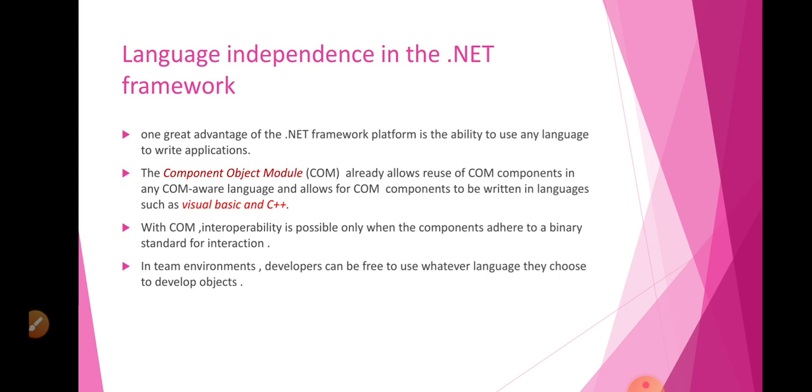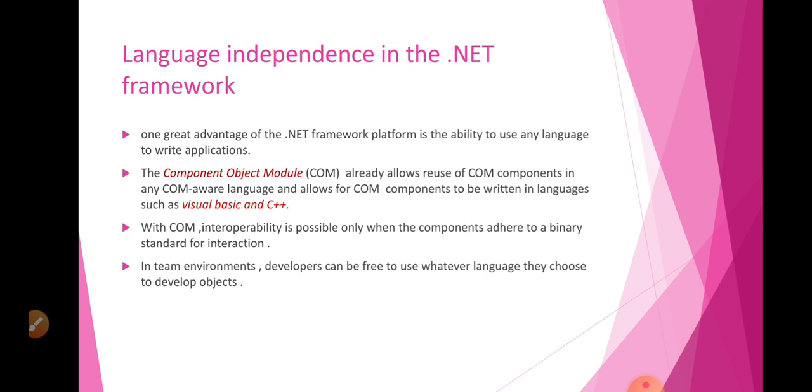Likewise, with COM components, there are a lot of managed components in the pool. We will use them for our own application. With COM, interoperability is possible only when the components adhere to a binary standard for interaction. There is interoperability between various programming languages.